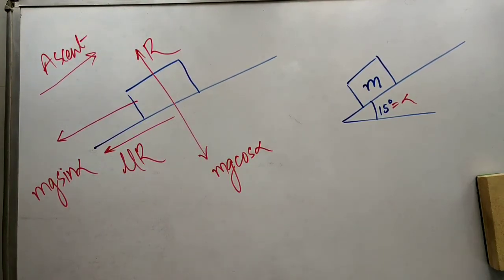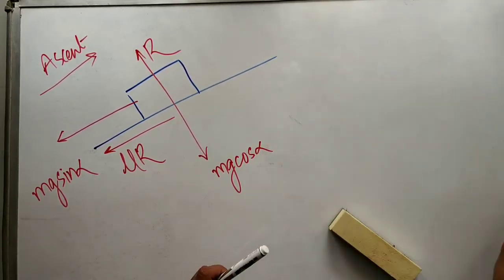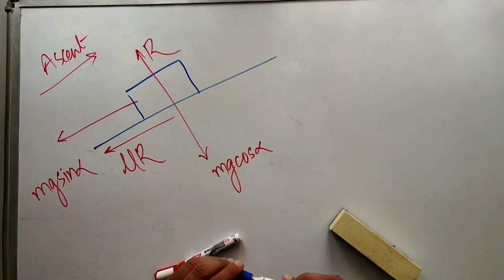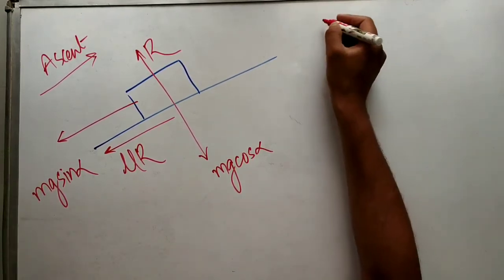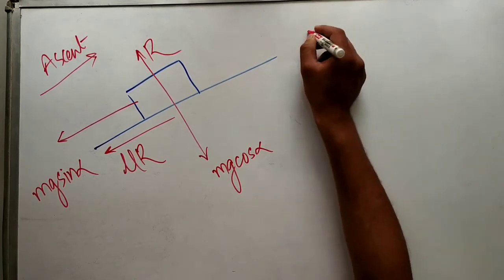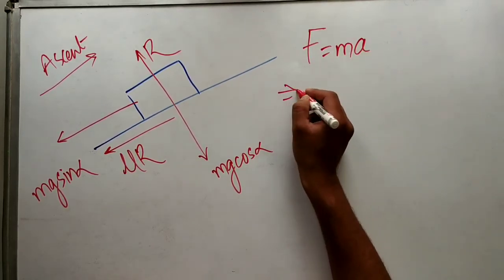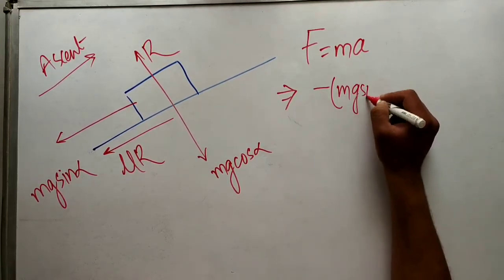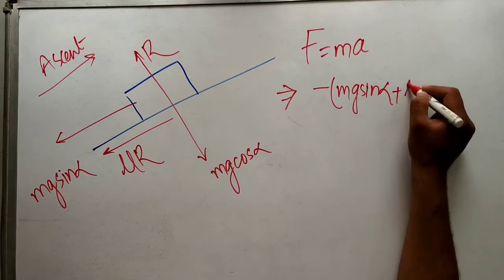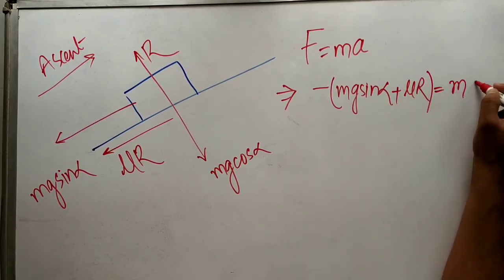Now, what are the equations going to look like for this body? If we want to calculate the acceleration of the body, we are going to use F equals ma. This implies that minus of mg sin alpha plus mu R is equal to ma.